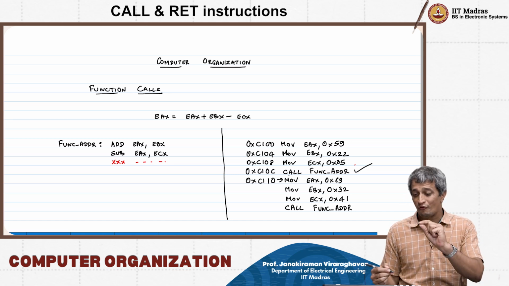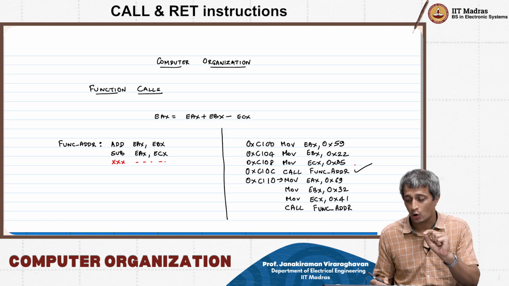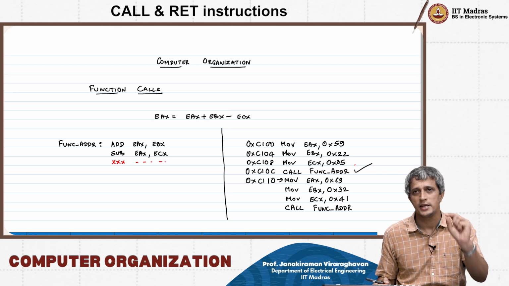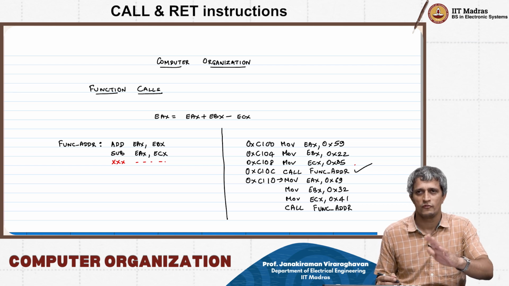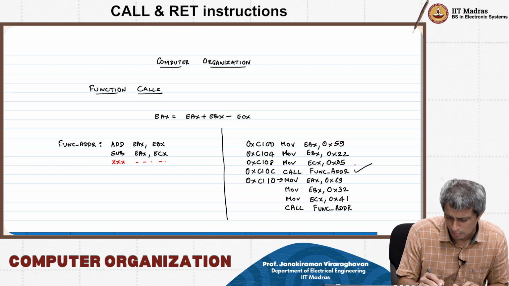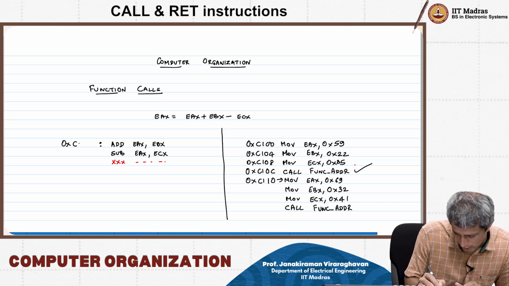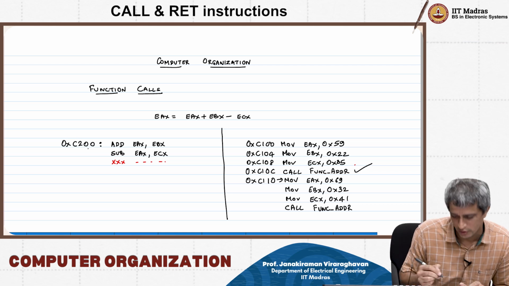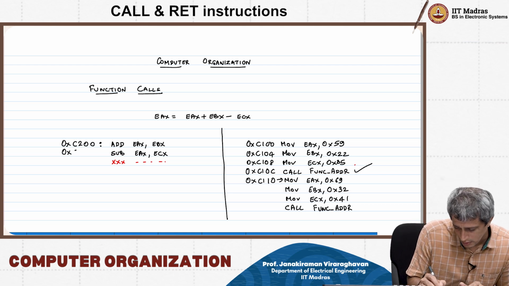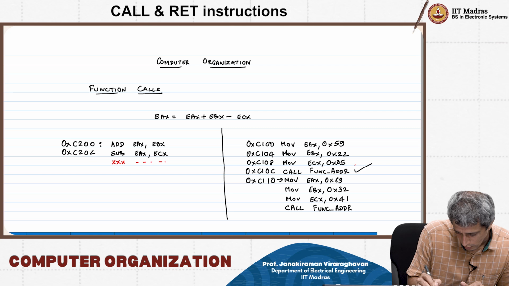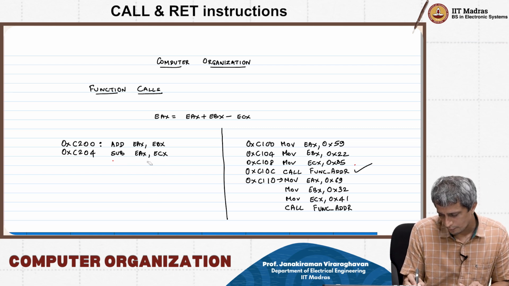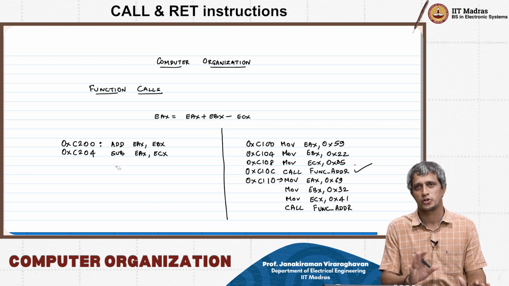Okay. So when I am executing the call funcAddr, which is basically going to point to some other address, let's call this address, when it is loaded into memory, C200, and this is 0xC204. Okay, we'll see what that read instruction should be.